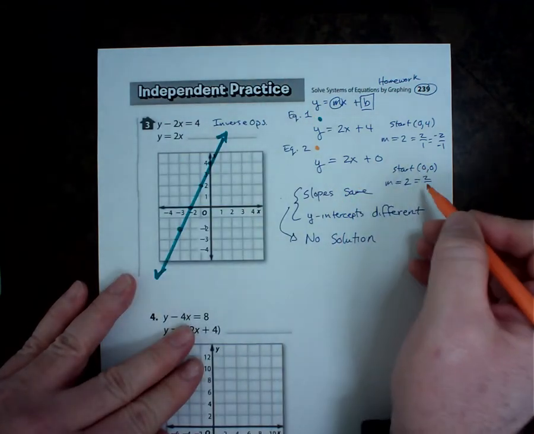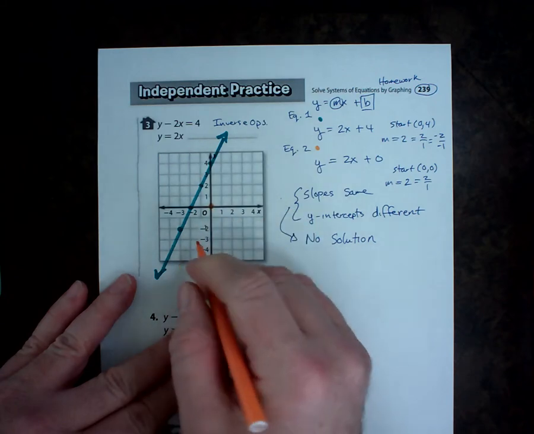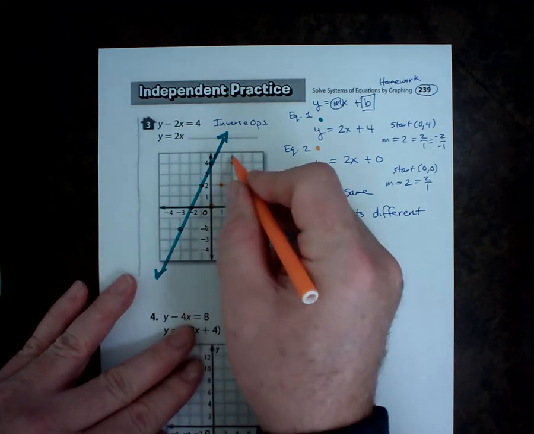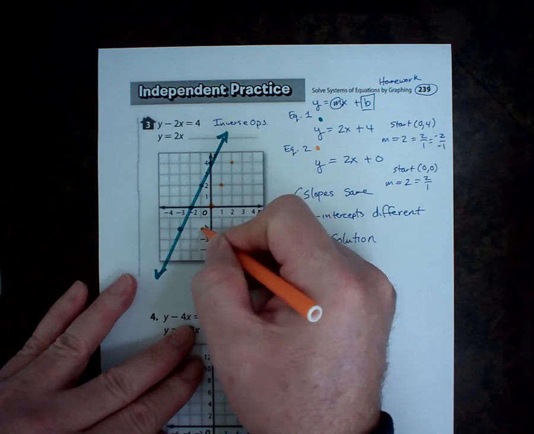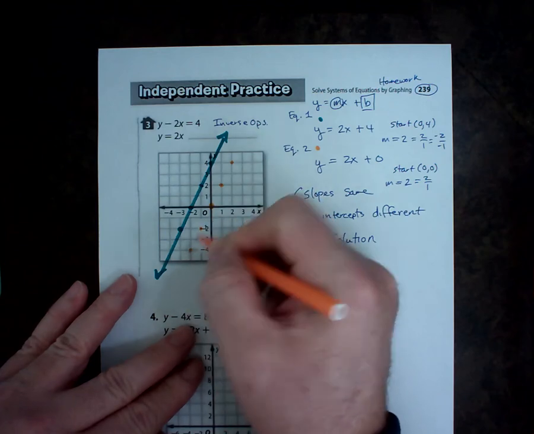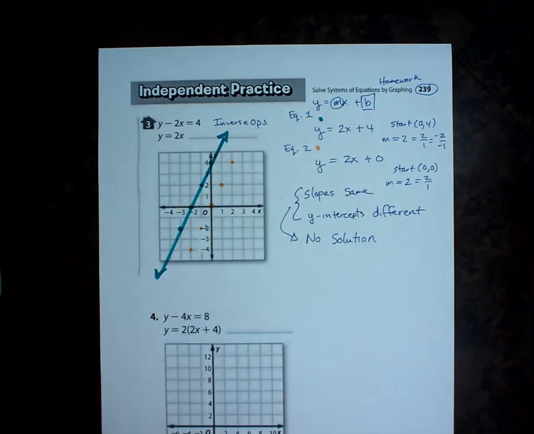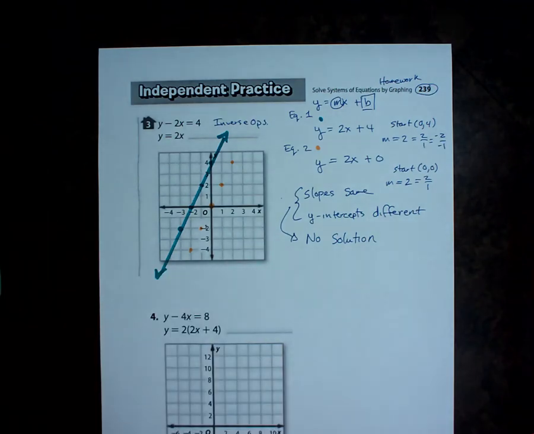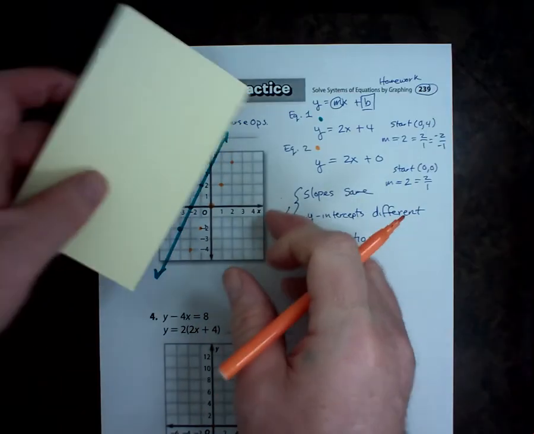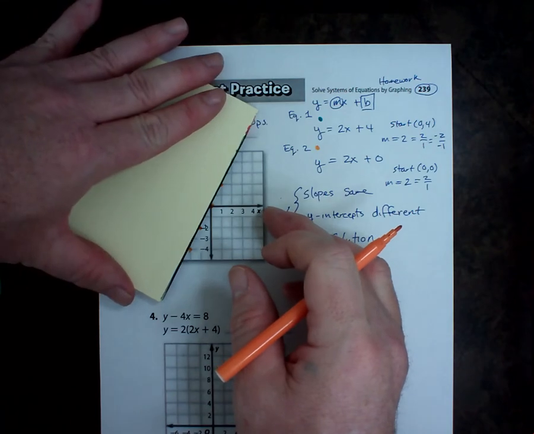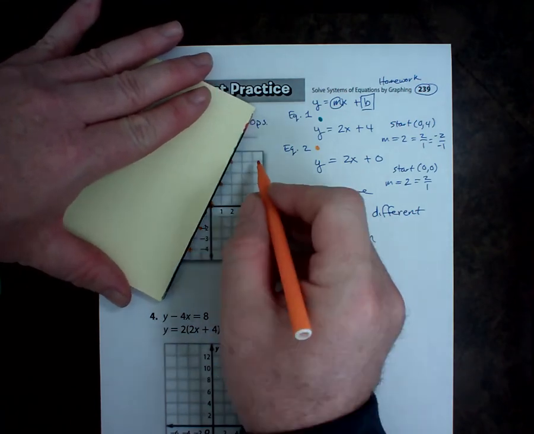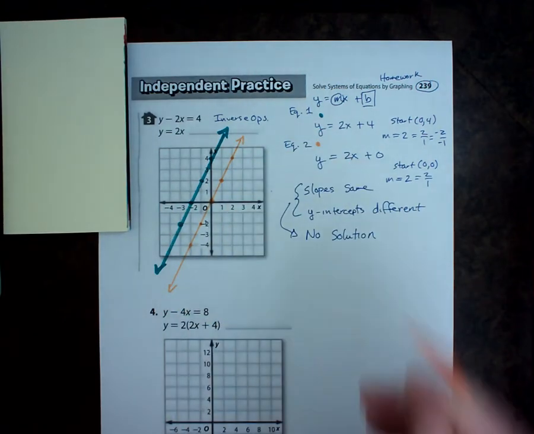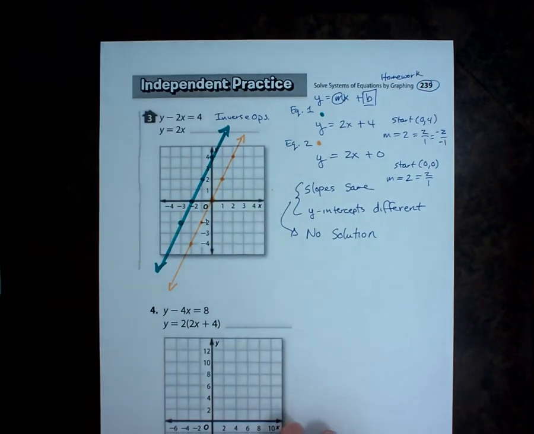Let's graph it. 0, 0, rise 2, run 1, rise 2, run 1. I ran out. I could also go down 2 and left 1. So we see after we're done graphing this, we have a parallel line. No solution.